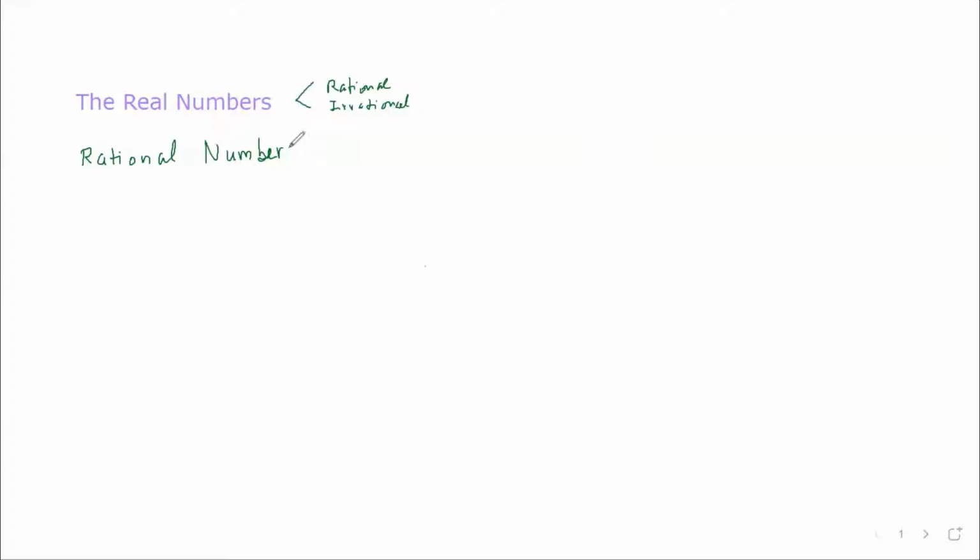Okay, so what are the rational numbers? But before that, we're going to see a subset of rational, the integer numbers. So integers are a subset of rational. Maybe I write down here, integer numbers.